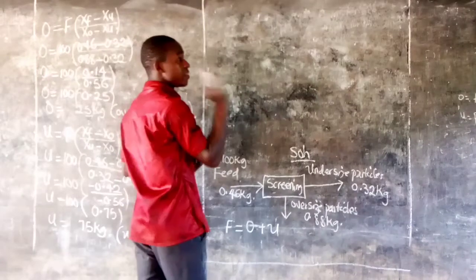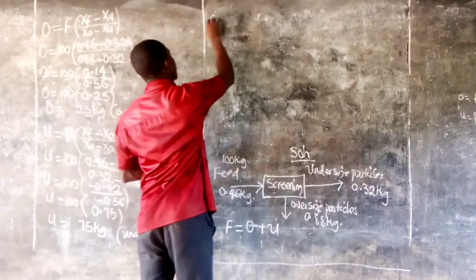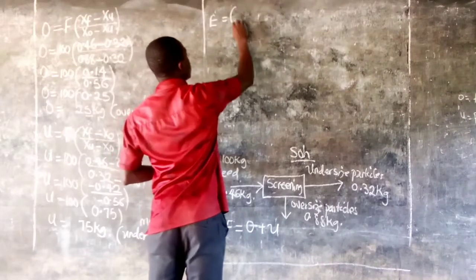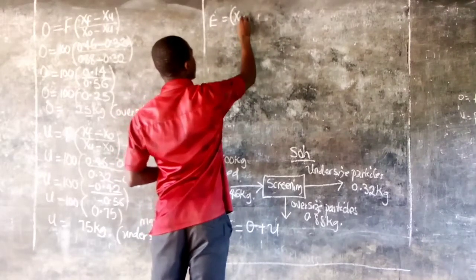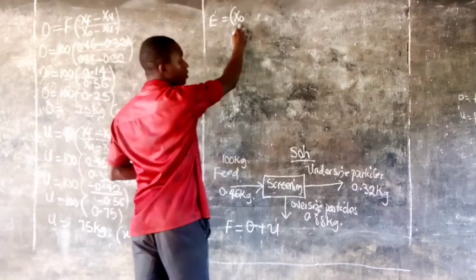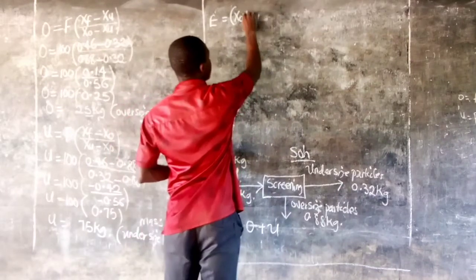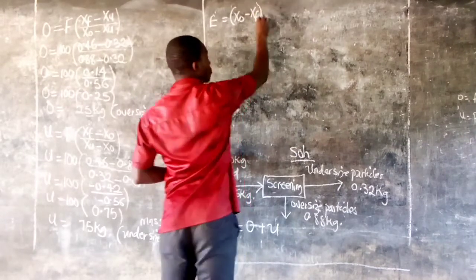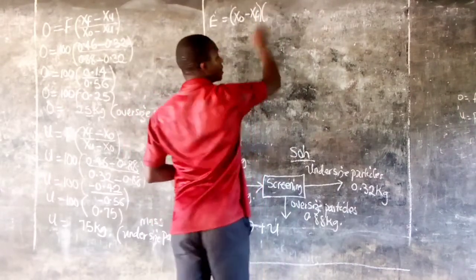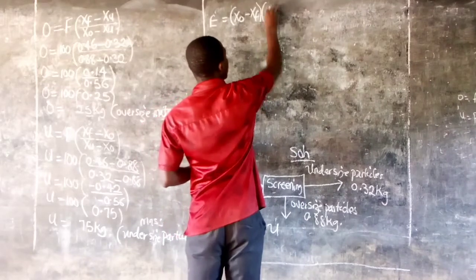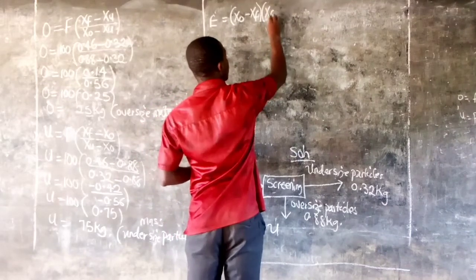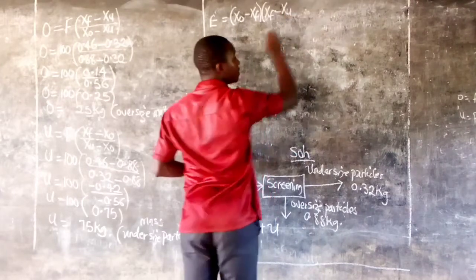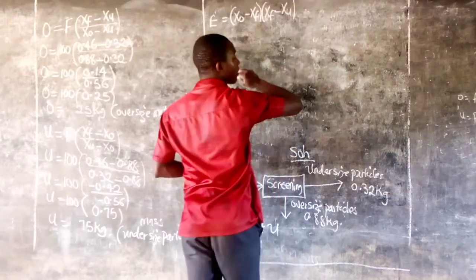We are going to denote that by E, that is the overall effectiveness, is equal to, we use the expression X, or that is the mass fraction of oversized material, minus the mass fraction of the feed. We close the bracket. Now open another bracket, that is times the mass fraction of the feed minus the mass fraction of undersized material. We close the bracket.